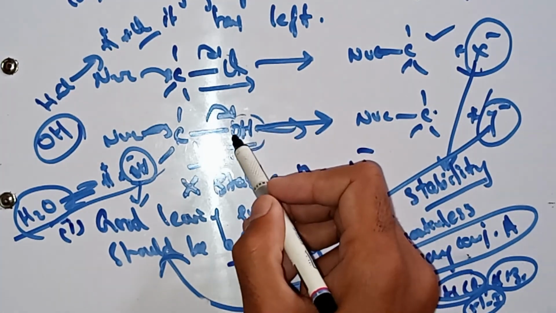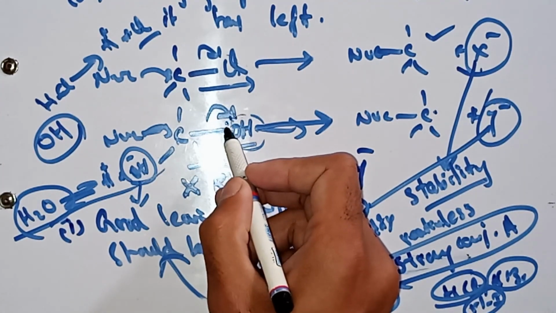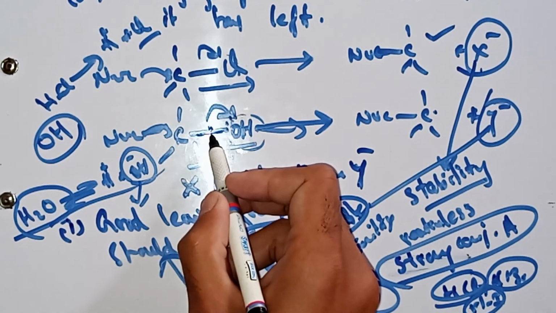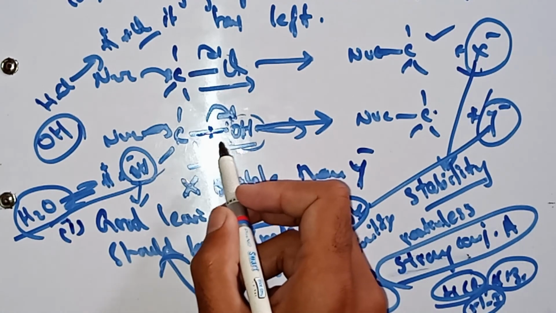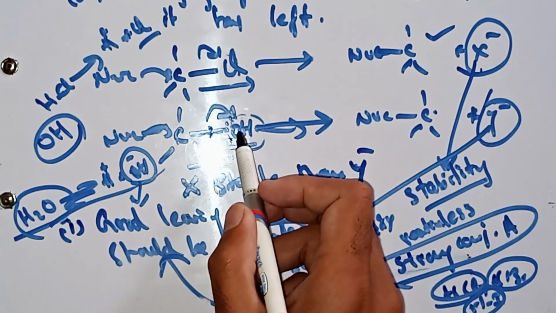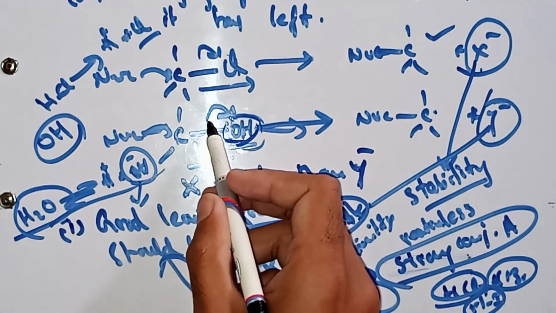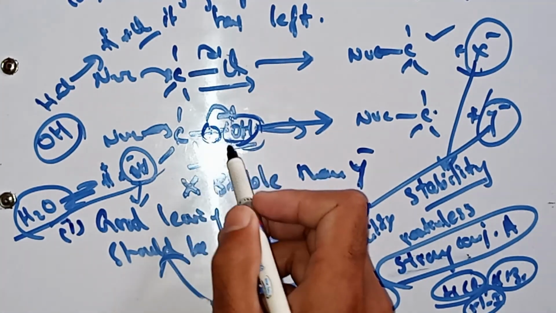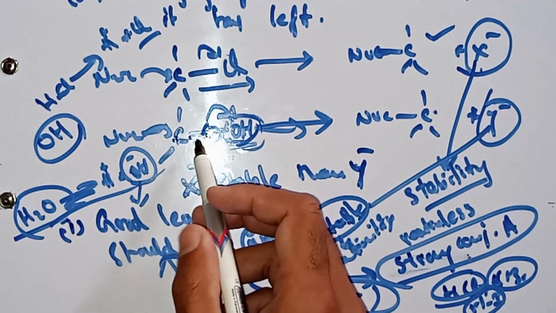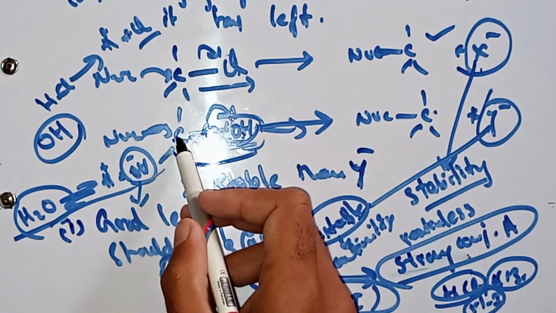A strong base means that it can donate its electron pair easily. So the electron pair in this bond will not be drawn towards the hydroxyl leaving group, because it shows more basicity, and basicity means that it donates the electron pair to this carbon, which makes a strong bond between the leaving group and carbon.